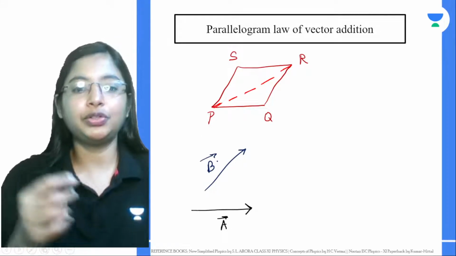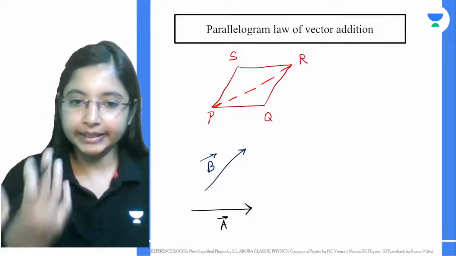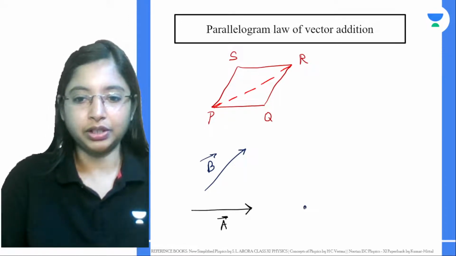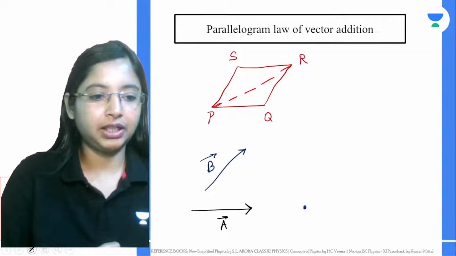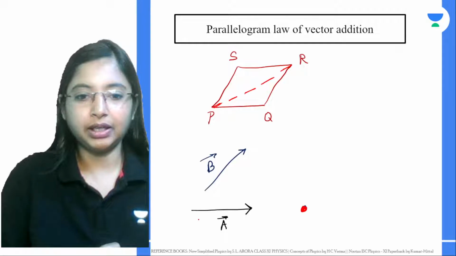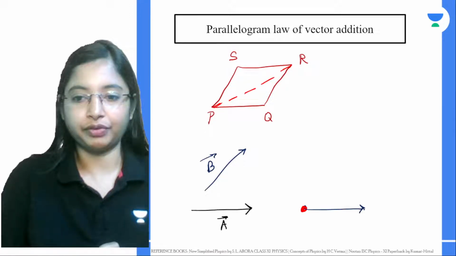If you want to see the combined effect of these two, take the same example as earlier. Initially a marble was somewhere over here, you gave it a force in the X direction, so this marble gets displaced over here. This is the A vector.